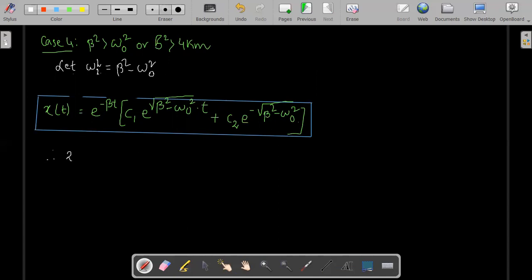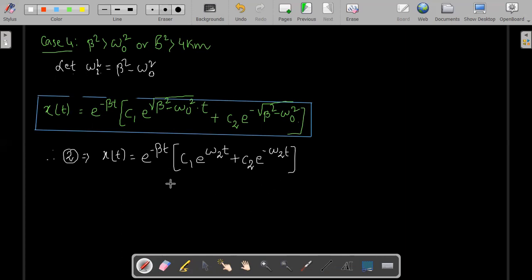Therefore, expression 2 will signify x equals e to the power minus beta t, let's give a bracket, this is C1, and this entire term is omega 2 square, it's under root. So I can write it down as e to the power omega 2 into t, plus C2 e to the power minus omega 2 into t.